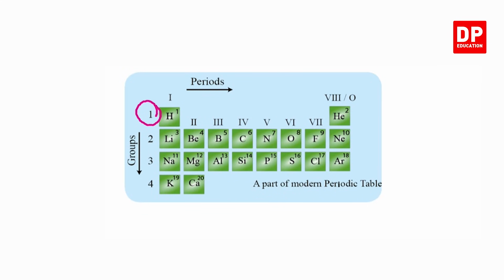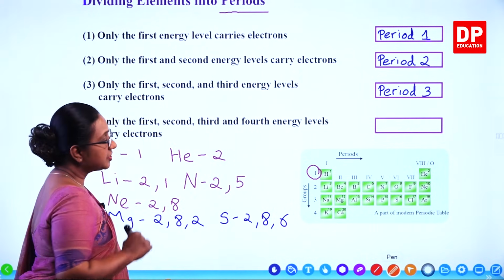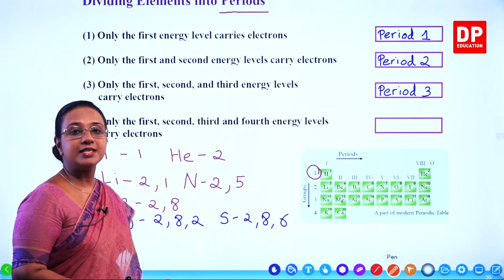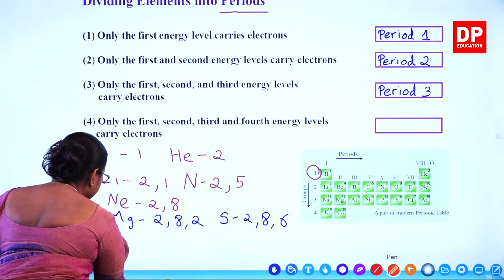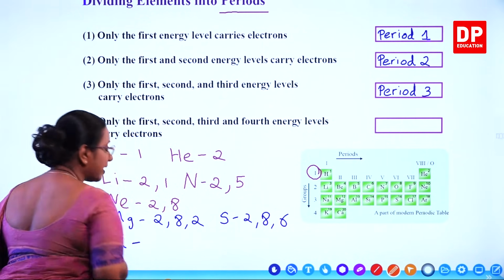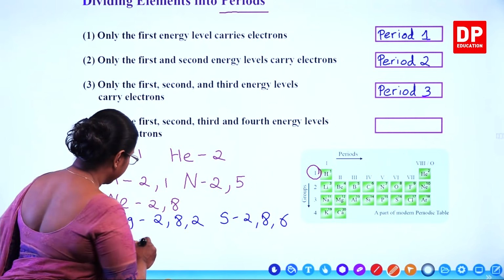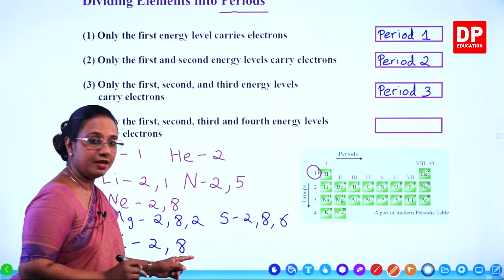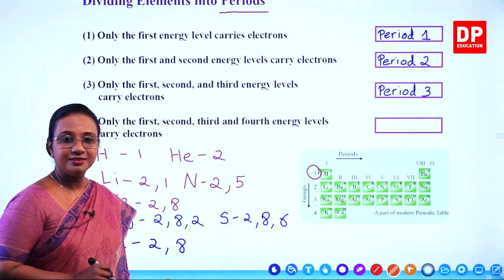Now we will look at the last two elements, potassium and calcium. As you can see, the atomic number of potassium is 19. So if it is 19, when we write the electronic configuration, it's going to be 2, 8, 1. Do we write 9?